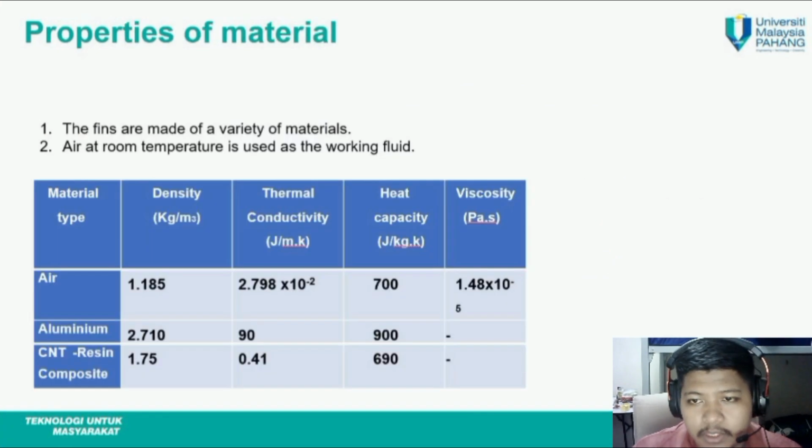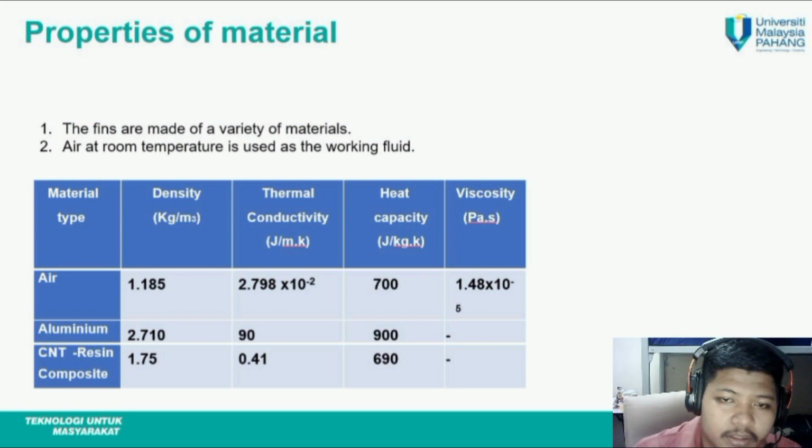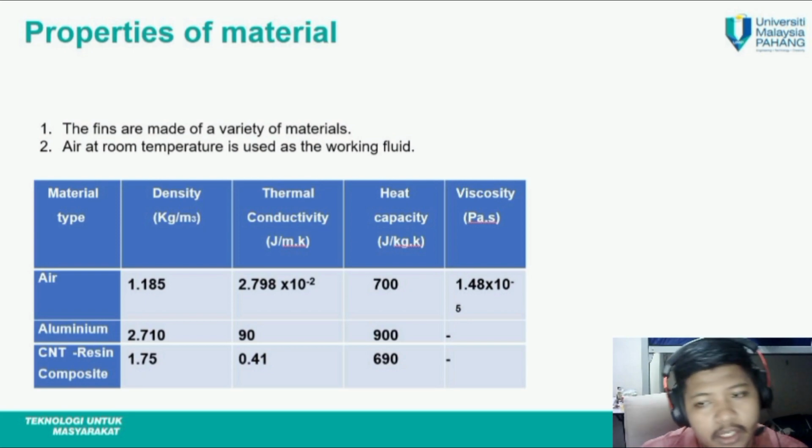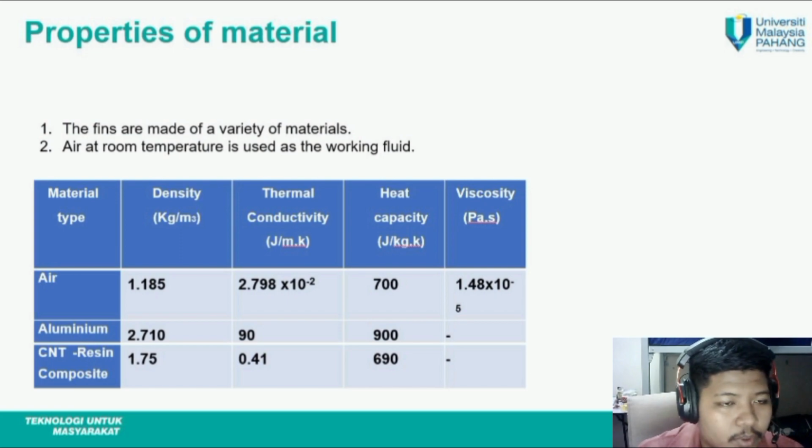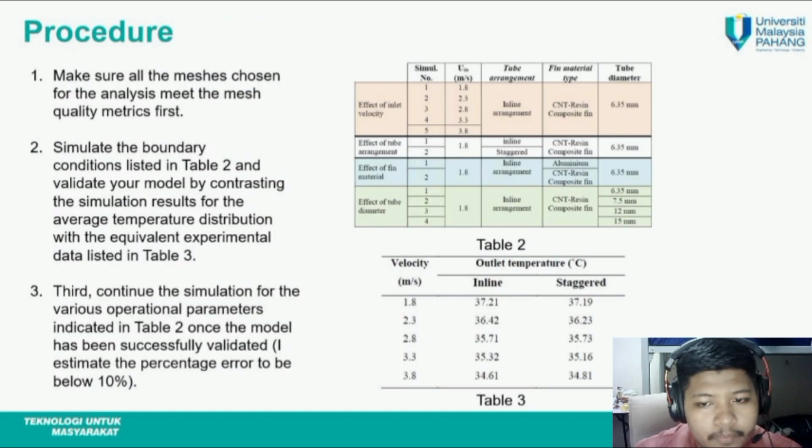Air at room temperature is used as the working fluid, and figures for its density, viscosity, thermal conductivity and specific heat capacity can be found in books or other relevant sources, while the fins are made of a variety of materials and should be listed in table 1, as we can see in the slide. These are the properties of the materials, which are aluminium and CNT resin composite.